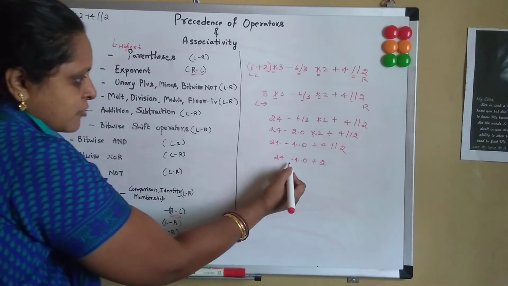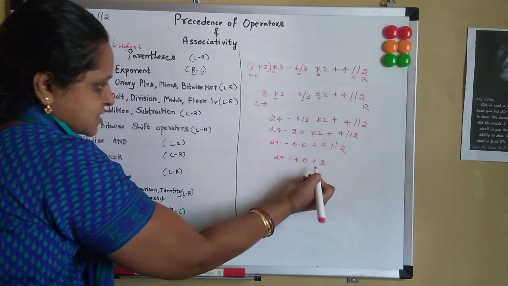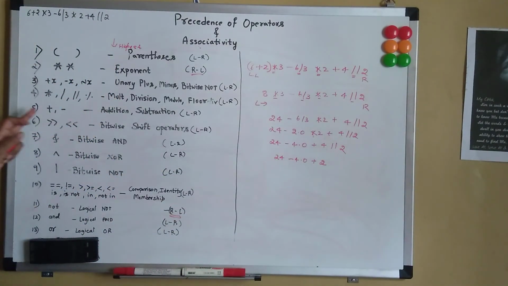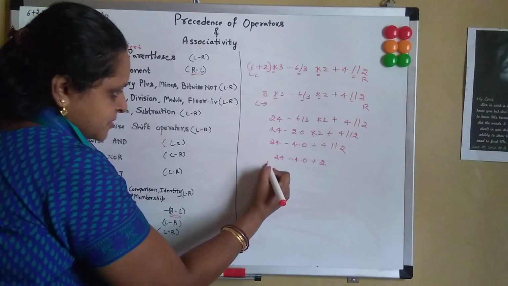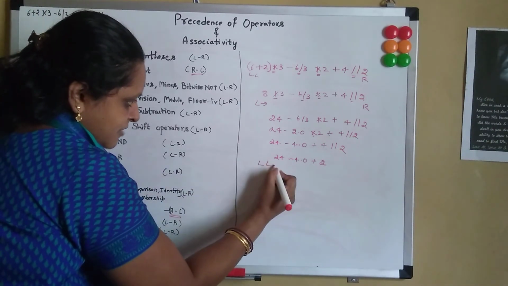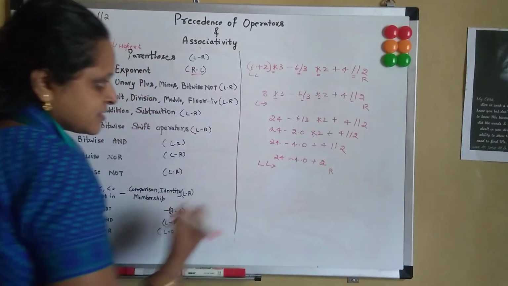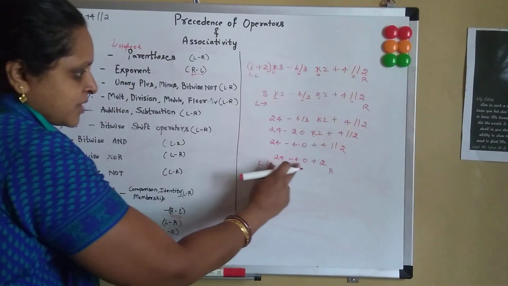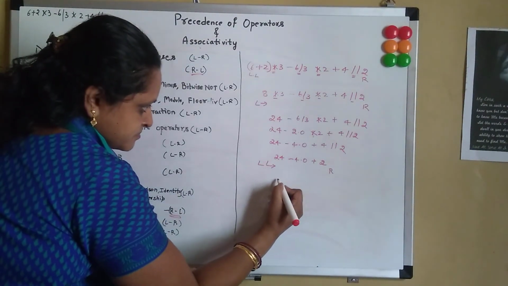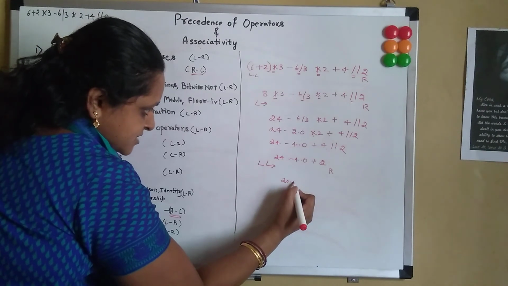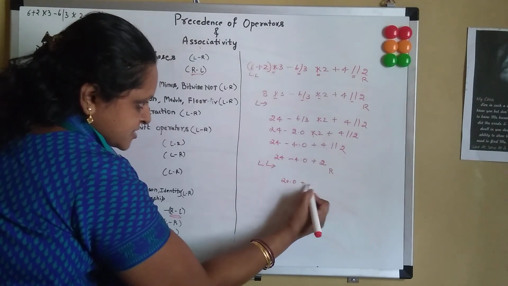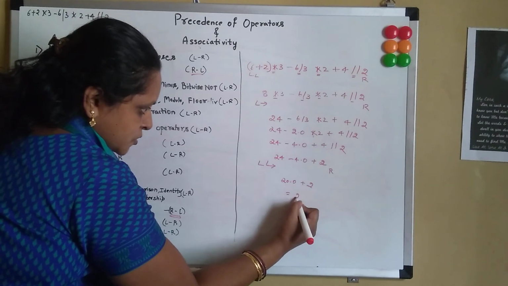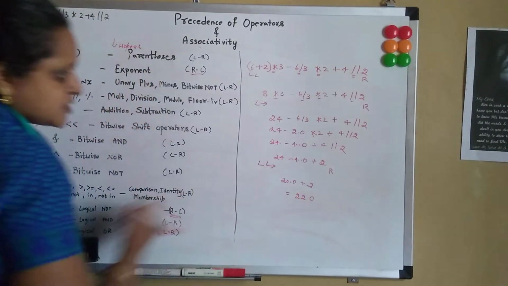So now we have minus and plus, which are at the fifth level. Plus and minus are at the fifth level, and its associativity again is from left to right. So again 24 minus 4 becomes 20.0 plus 2, which is equal to 22.0.